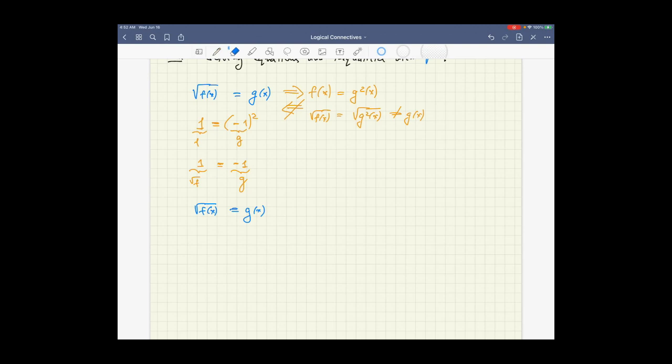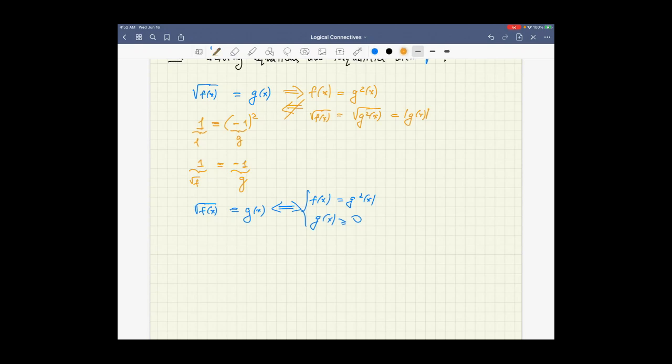It's not necessarily g, it's either g or negative g. So it's absolute value of g, which is not quite the same as this. So to be able to get rid of the absolute value here, you must assume that g is non-negative. Right? So under the assumption that g is non-negative, the two things become logically equivalent.